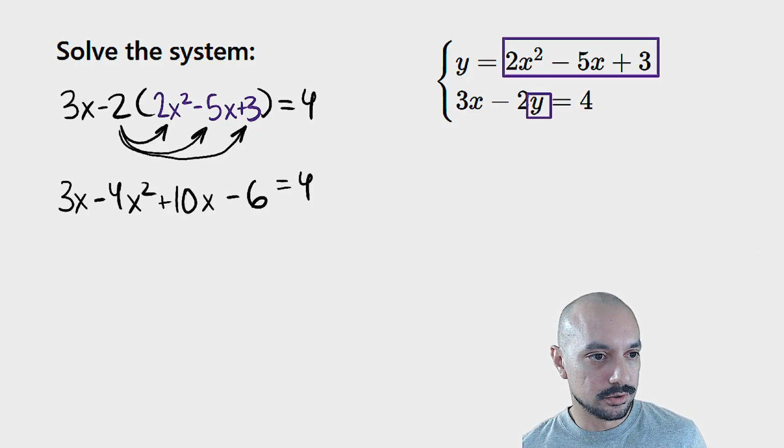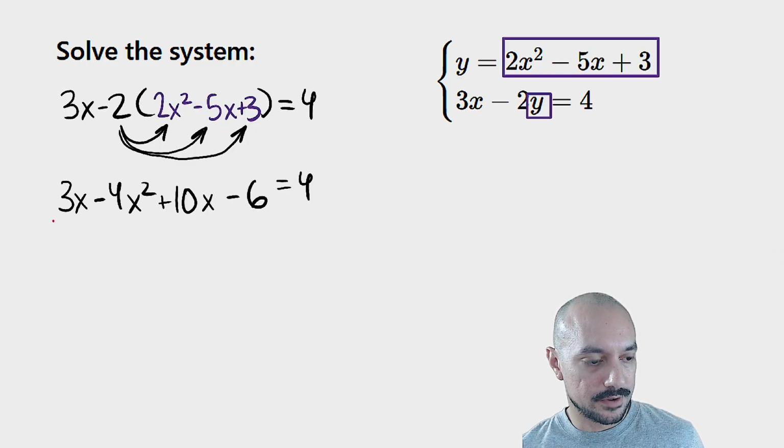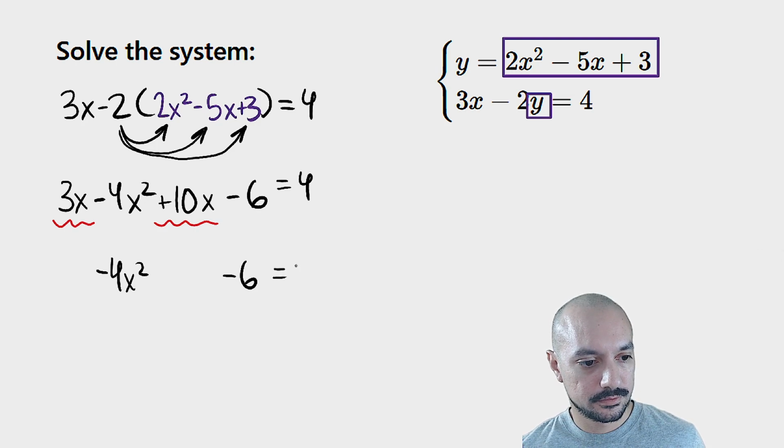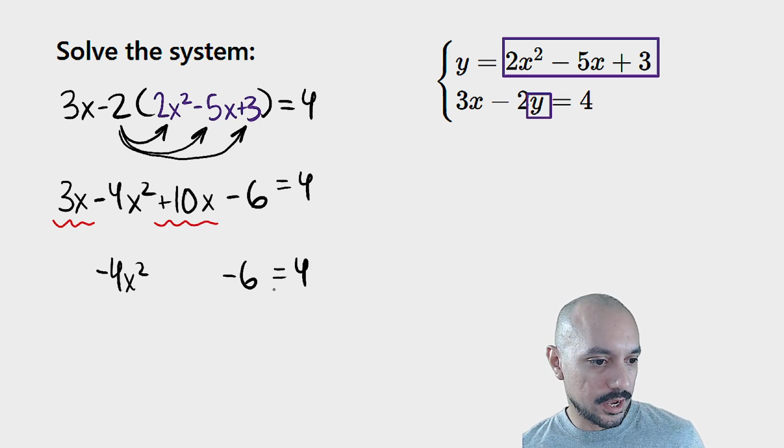Next, I'm going to combine like terms. So I have a 3x and a 10x. Three x plus 10x makes 13x.